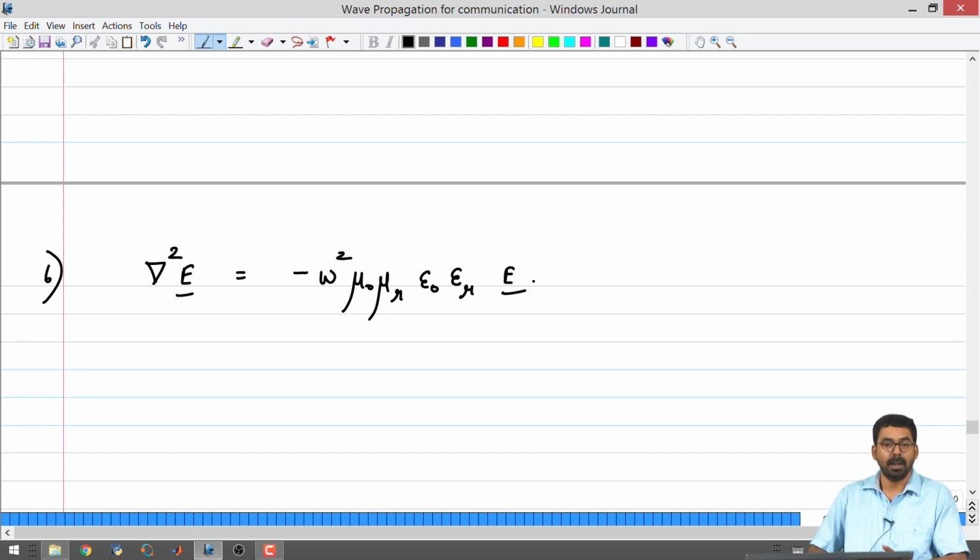The only change we need to make now is to change epsilon r to epsilon rc, to indicate that you are including some conduction current also.